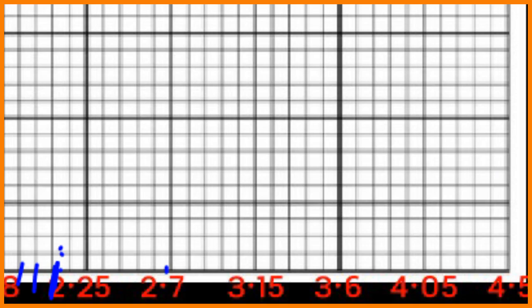I have 3.4444 again, so I have 1, 2, 3, 4. No, we don't reach 4. It's actually 3.444. So here I'm going to pick my 0.444 here. Thank you. Now I'm going to go for the next one, which is actually 2.92.